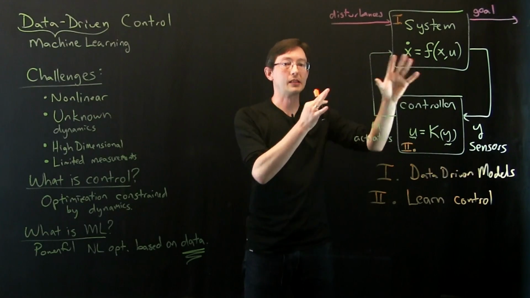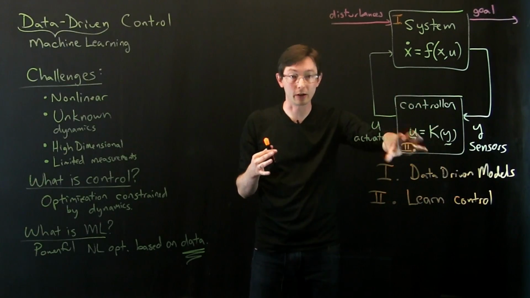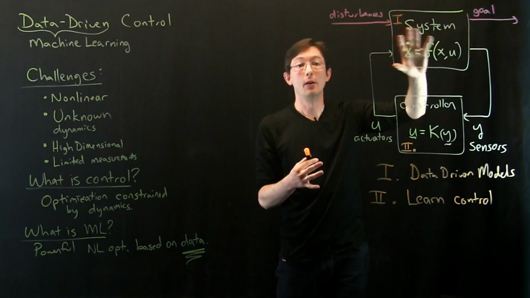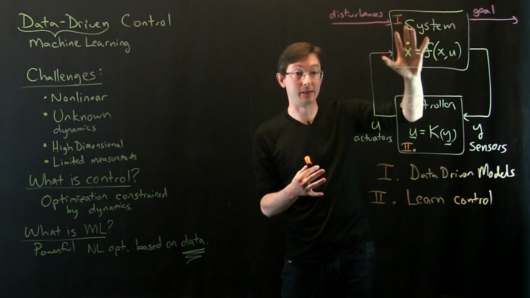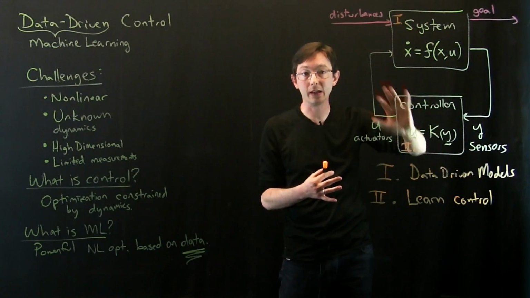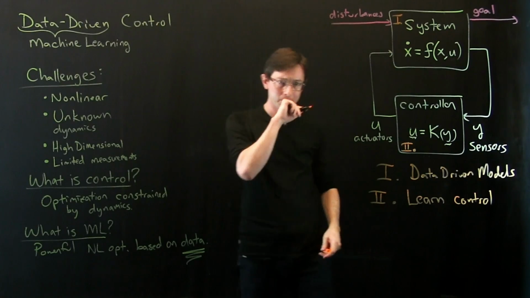They explore the system and they try different control strategies and they learn effective controllers. And actually, I would advocate doing both of these. We should really be modeling the system and trying new control laws in parallel. So really doing both of these at the same time is probably the most interesting and effective strategy.